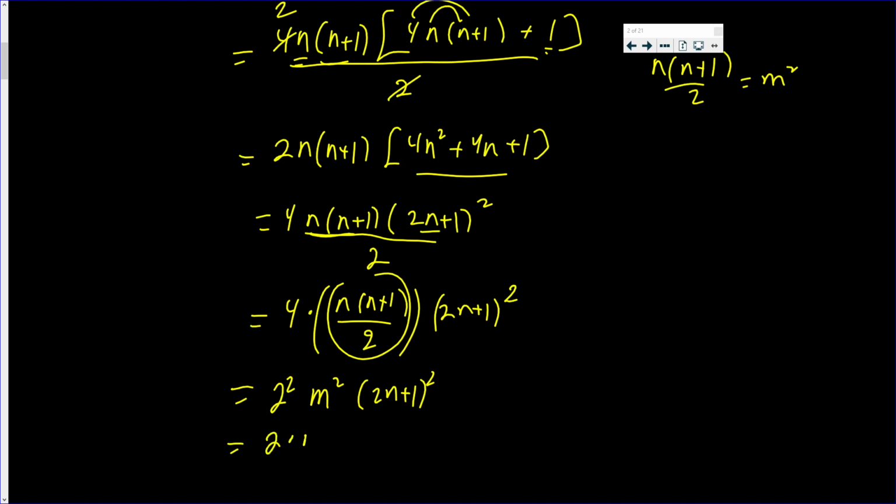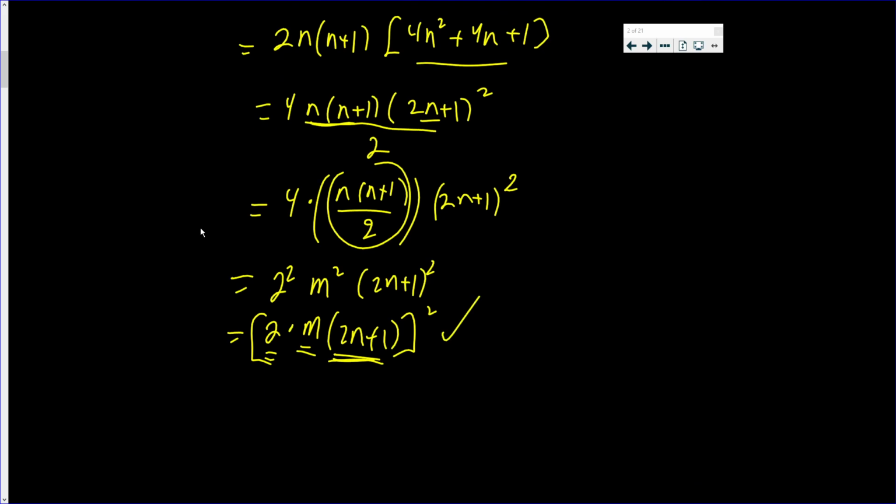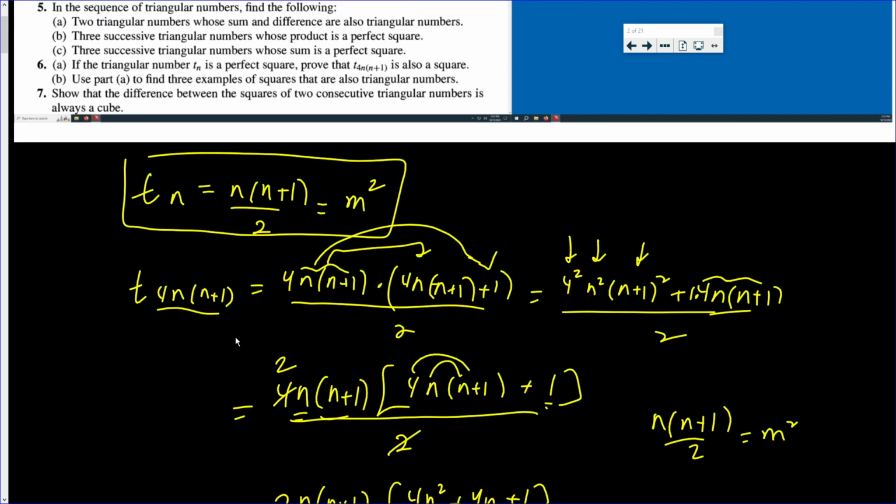This is (2 times m times (2n plus 1)) all squared. And 2 times an integer times an odd number is an integer. Let me say it a little better: 2 times an integer times an odd integer is an integer squared. So we just proved that one.